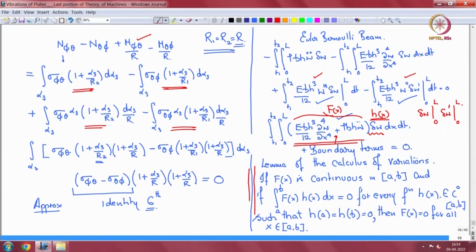There are proofs of this lemma in various books, you can look it up. Now you have a delta W just like h of x, which is 0 at the boundary points, that is how we chose it, and then this is a continuous function.